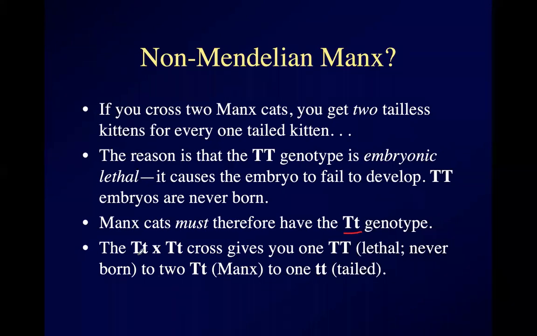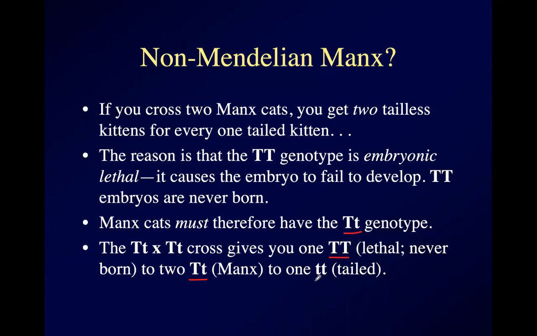So if you cross 2 big T, little t cats, 1/4 of the offspring will have the genotype big T, but you will never see those because they never get born. That leaves 2 out of 4 offspring with the genotype big T, little t, and they will be Manx cats.